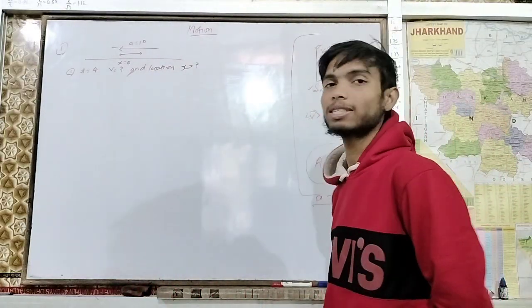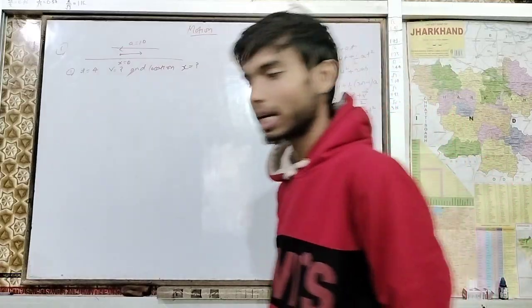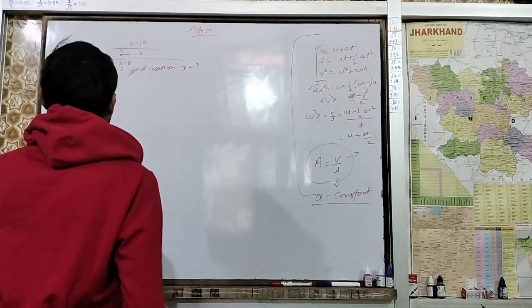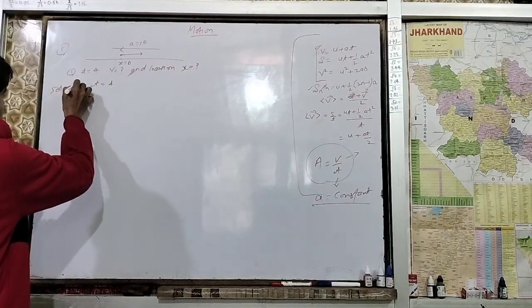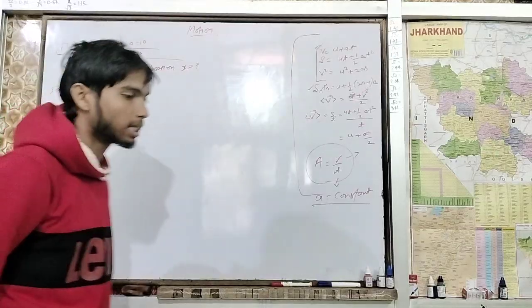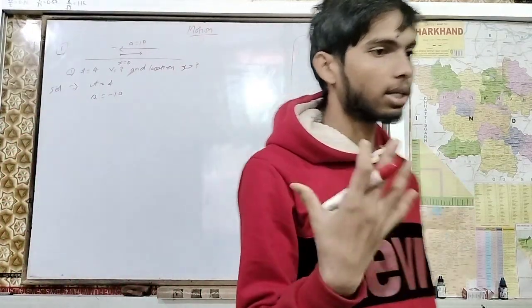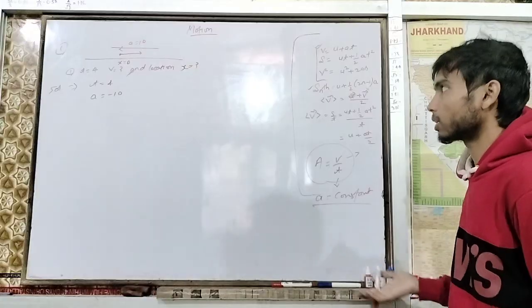Acceleration is also given, which is 10, but the direction is opposite. That's why acceleration will be negative over here. So t is given, which is 4. Acceleration is also given, but it is a retardation because this acceleration is going in the opposite direction.